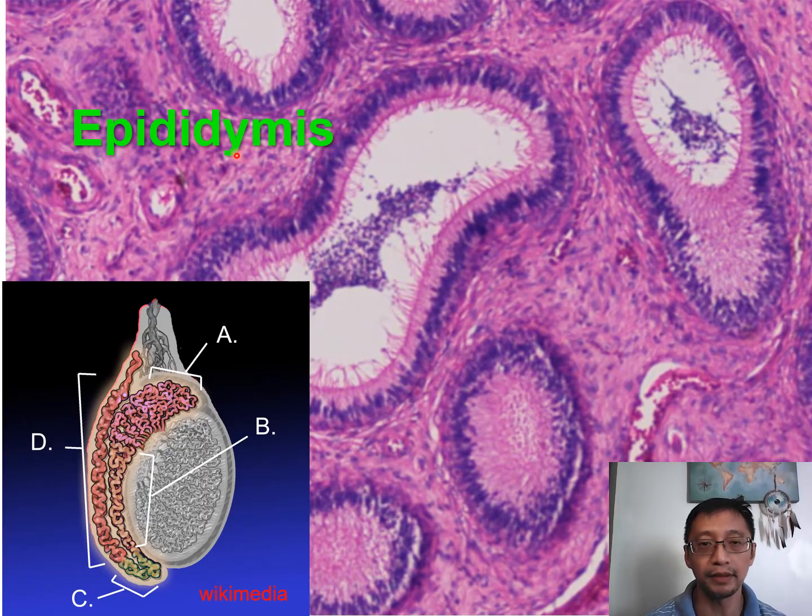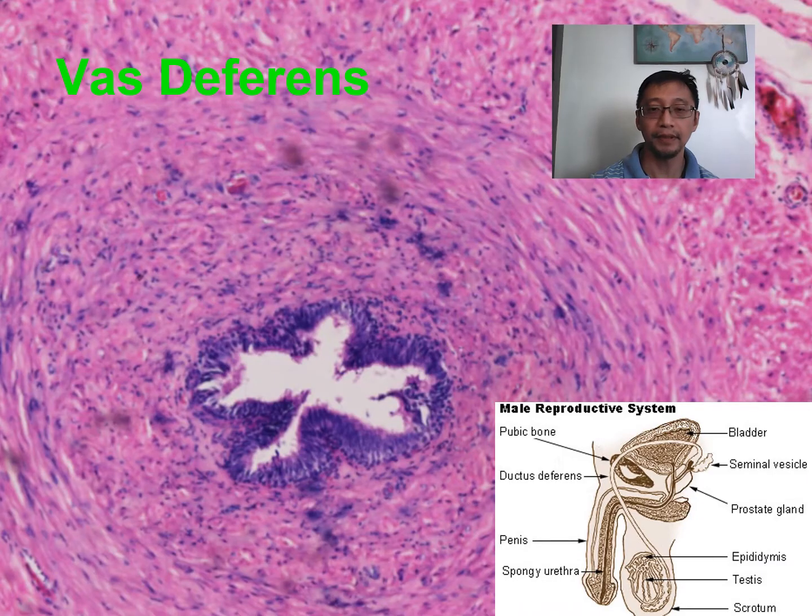And these smooth muscle cells, during ejaculation, will propel the sperm cells from the epididymis into the vas deferens. From the epididymis, you have the vas deferens. And the vas deferens courses from the testes into the abdomen, going behind the bladder. It consists of several layers of muscles and is lined by your pseudostratified columnar epithelium.